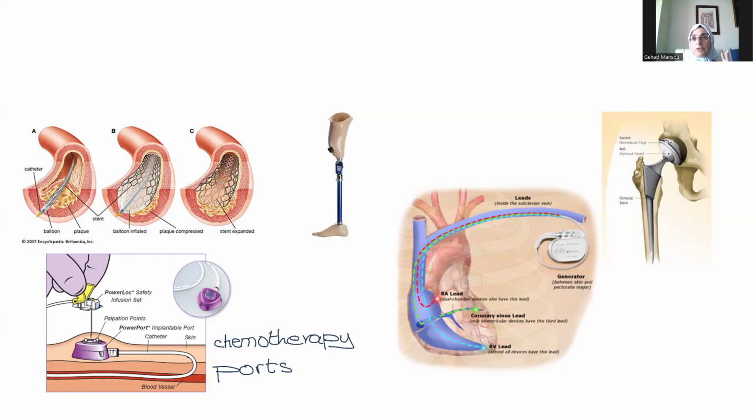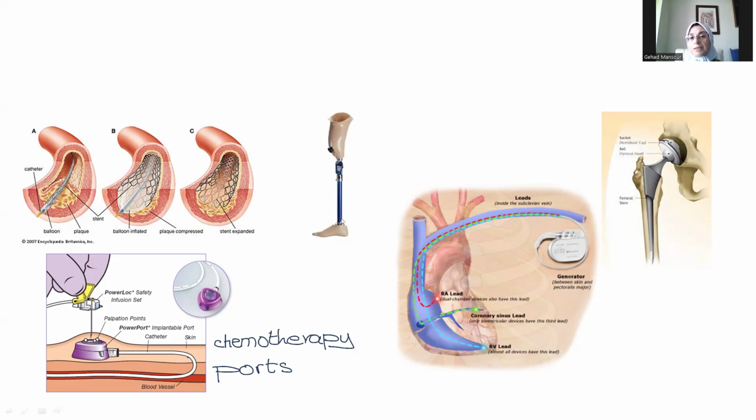Some recent stents are designed not only to stay there to support the coronary artery and keep it open and ensure adequate blood flow to the myocardium of the heart, but also to release medication that further dilates and widens the coronary artery.